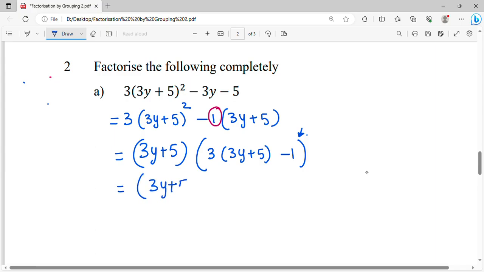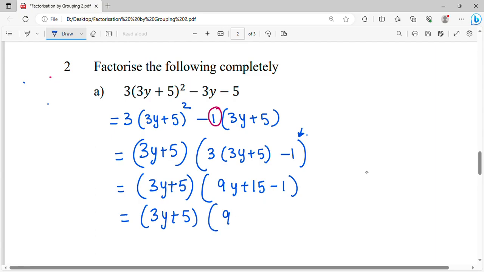So I have 3(3y plus 5), which is 9y plus 15, minus 1. So this becomes (3y plus 5) multiplied by (9y plus 14), and your job is done. So take note of these simple things which will help you to factorize with ease.